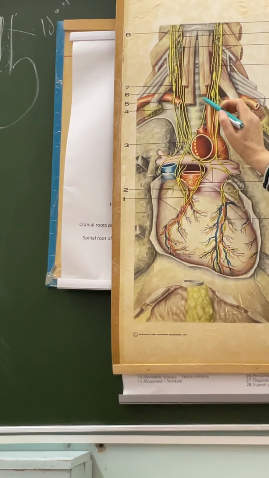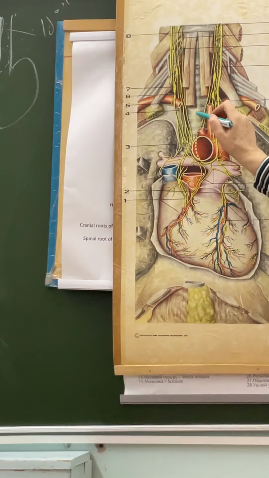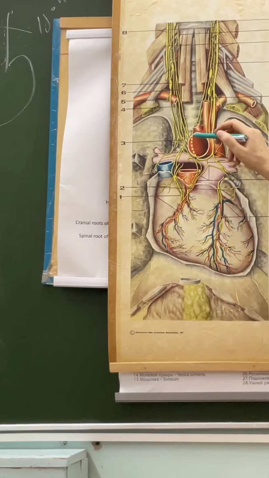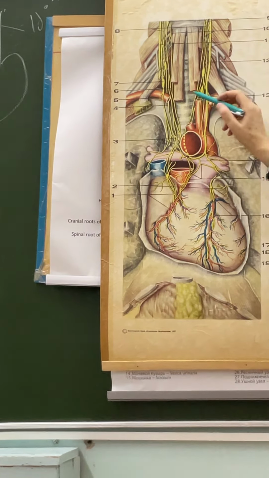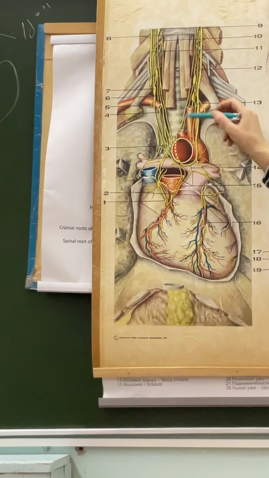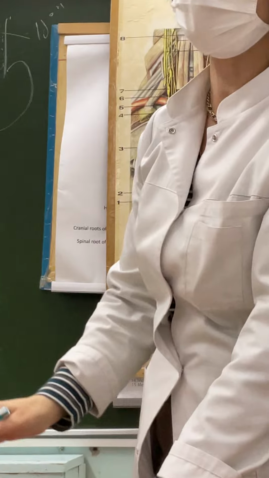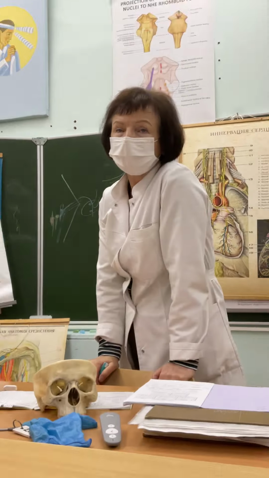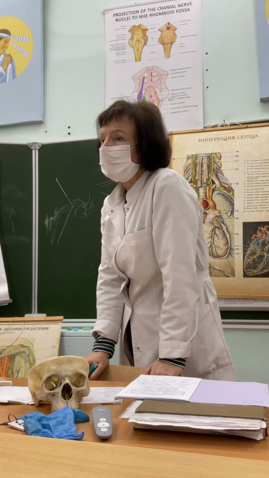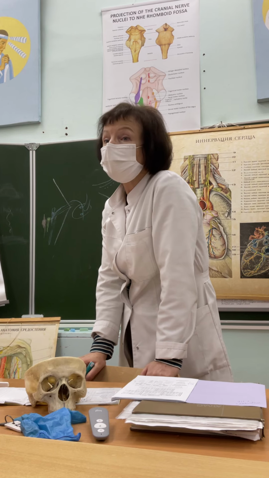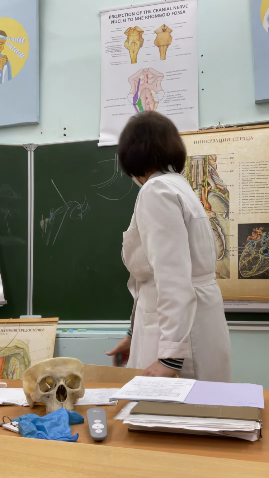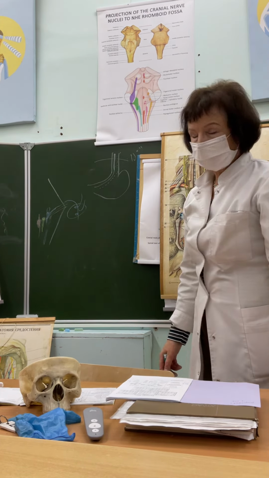On its way, it gives branches to the trachea, esophagus, and glands in the neck, and can also give cardiac branches, and then reaches the larynx. It innervates all the muscles of the larynx except one, and the mucosa below the vocal ligament. So this is the recurrent laryngeal nerve.